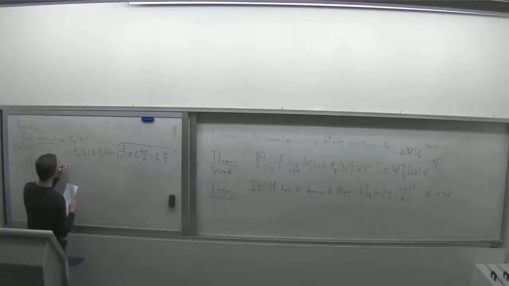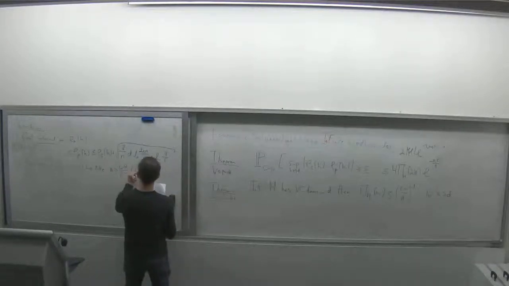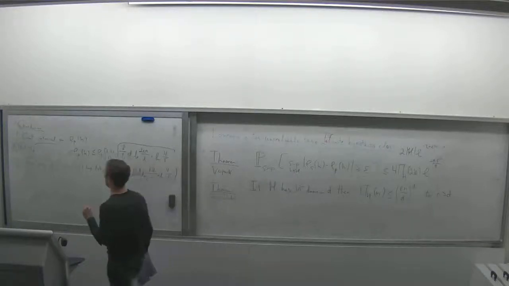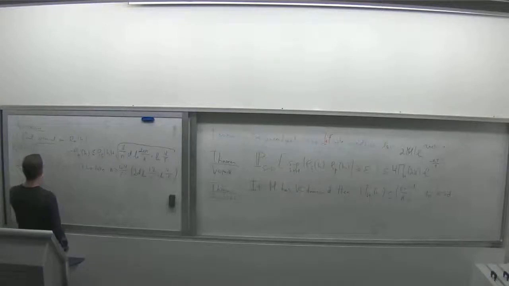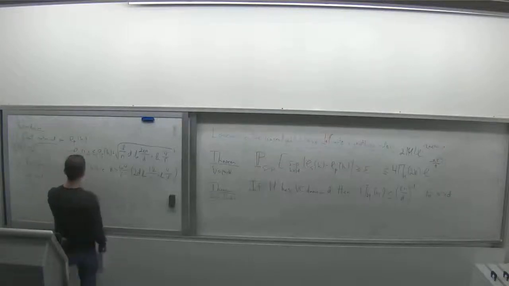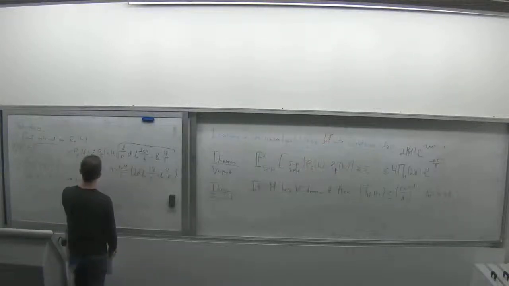Two says that for any epsilon, delta greater than 0, if we take n greater than 64 over epsilon squared times 2d ln(...epsilon) plus ln(4 over delta), we get epsilon-accurate learning with confidence 1 minus delta.